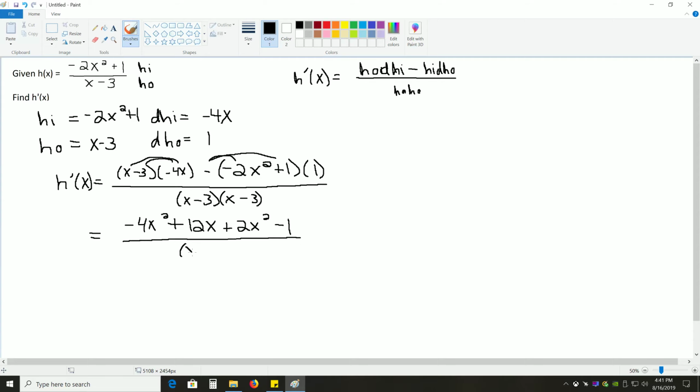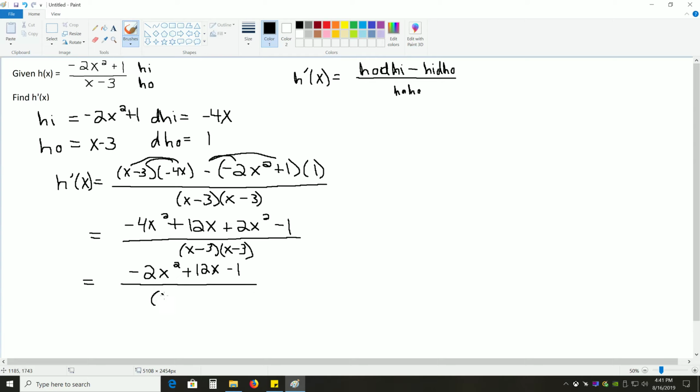And this is all over x minus 3 times x minus 3. At this point, negative 4x squared plus 2x squared gives us negative 2x squared. Then we have a plus 12x and a minus 1. And this is all over x minus 3 times x minus 3.